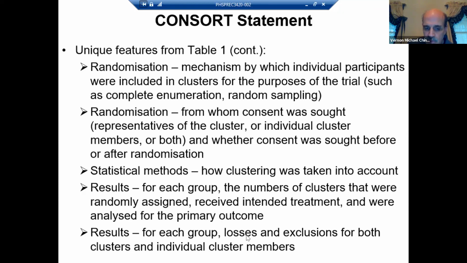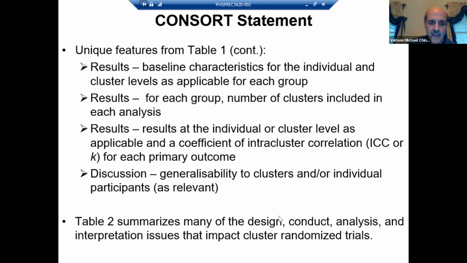Describe for each intervention and control group losses and exclusions for both the clusters and the individual cluster members. Maybe I'm beating a dead horse here, but that's more information about what you should include in the results section. And finally, in the discussion section, the generalizability to clusters and/or individual participants as relevant.